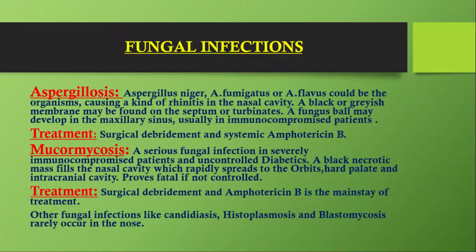Now we come to fungal infections of the nasal cavity, among which the first fungal disease we talked about is aspergillosis. Aspergillus niger, Aspergillus fumigatus, or Aspergillus flavus could be the organisms causing a kind of rhinitis in the nasal cavity.